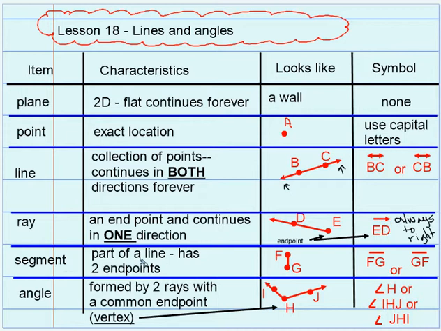A segment is part of a line. It has two endpoints. Looks like this. Notice there are no arrows that continue. It could have arrows.